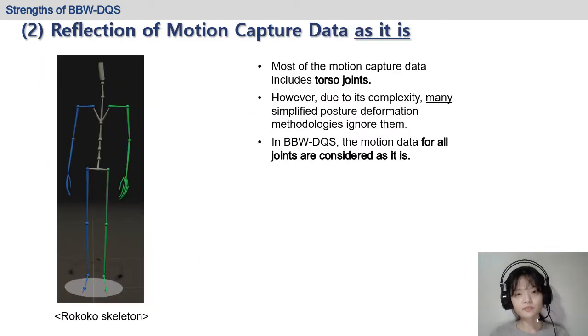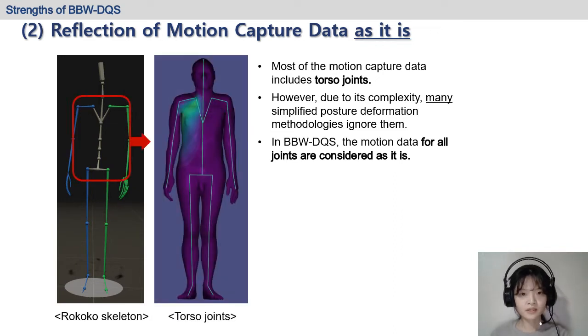The second strength of BBW DQS is that it can reflect motion capture data as it is. This picture here shows the skeleton structure of our motion capture device. As can be seen here, there are several joints in the torso region. Compared to limb joints, these joints are more difficult to reflect in posture deformations because, unlike limbs, nodes in the torso can be affected by more than two joints.